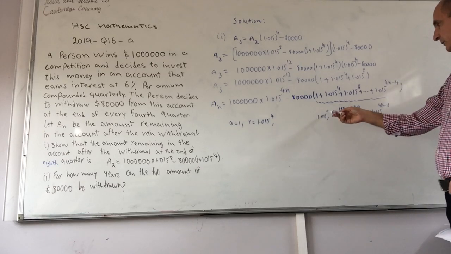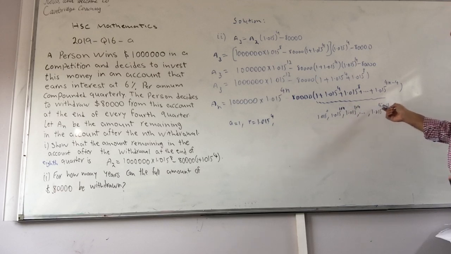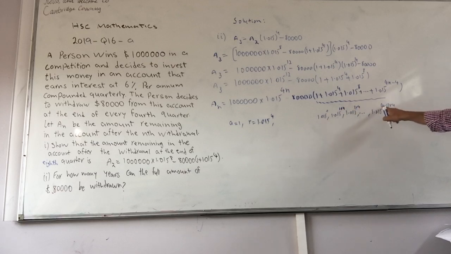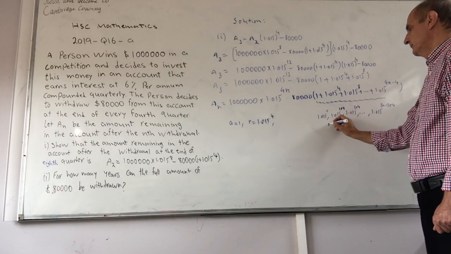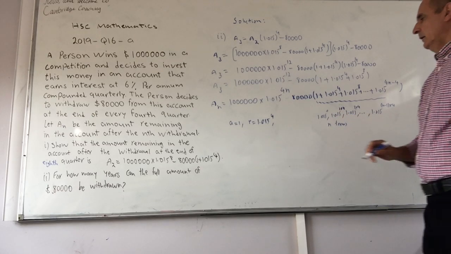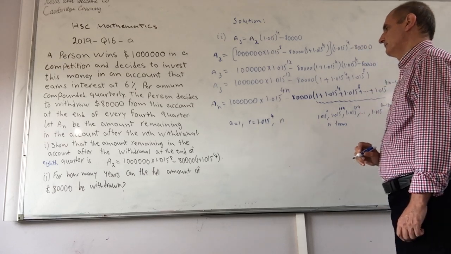Basically, you have all the numbers from 0 to n minus 1. So that means we have n terms. Okay, so the number of terms is n.